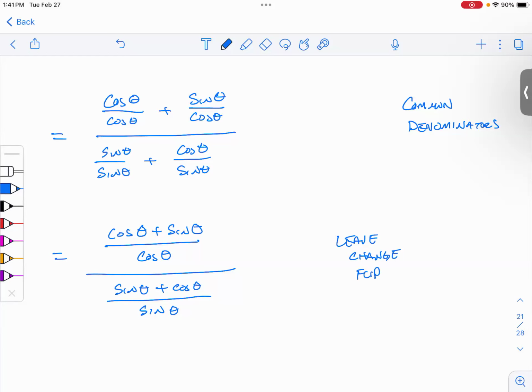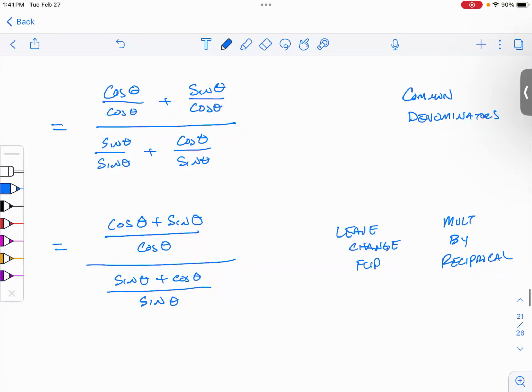And again, I say leave it, change it, flip it, but if you prefer, it's multiply by the reciprocal. All right, so I avoid the technical term whenever I can, and this is one that, leave it, change it, flip it is something that almost everyone learns. It sticks in your head.